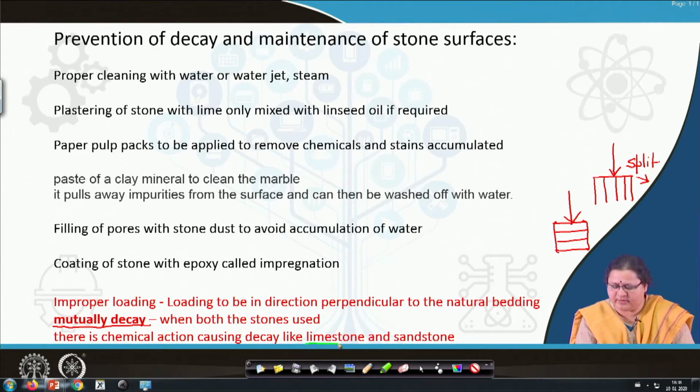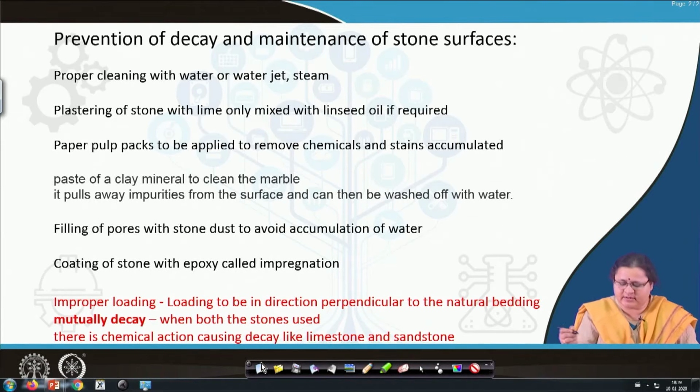So if you remember, limestone and sandstone, usually we do not put these two stones together, because mutually they will decay each other. That will have a corroding effect. So these are the major points to be remembered when you are doing stone masonry and how you need to maintain it over time.